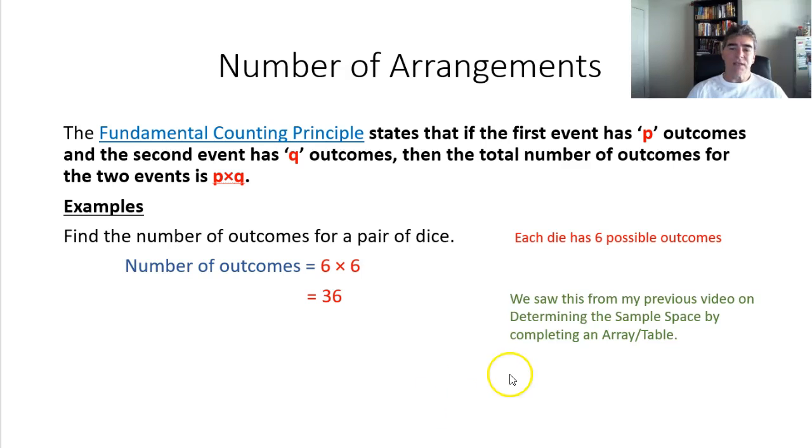Now we would have seen this in my previous video about determining the sample space, and when we used an array or a table we came up with those 36 possibilities in the sample space. That comes up with the list of the sample space, the list of the possibilities, but our fundamental counting principle tells us how many only, not what the actual list is.